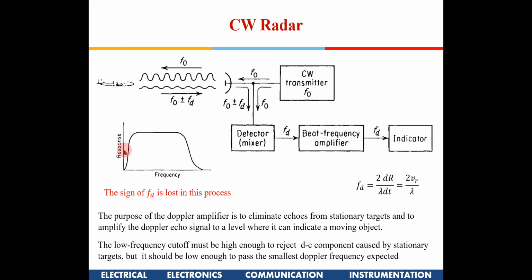If there is a stationary object, then the received signal will be close to F0 itself, and hence we don't want all those. Whereas for the moving objects, there will be a significant Doppler shift. So close to DC we don't want that, and at higher frequencies we don't want these also, because this is the expected range of a Doppler shift. So that is the desired frequency response of this amplifier, right?